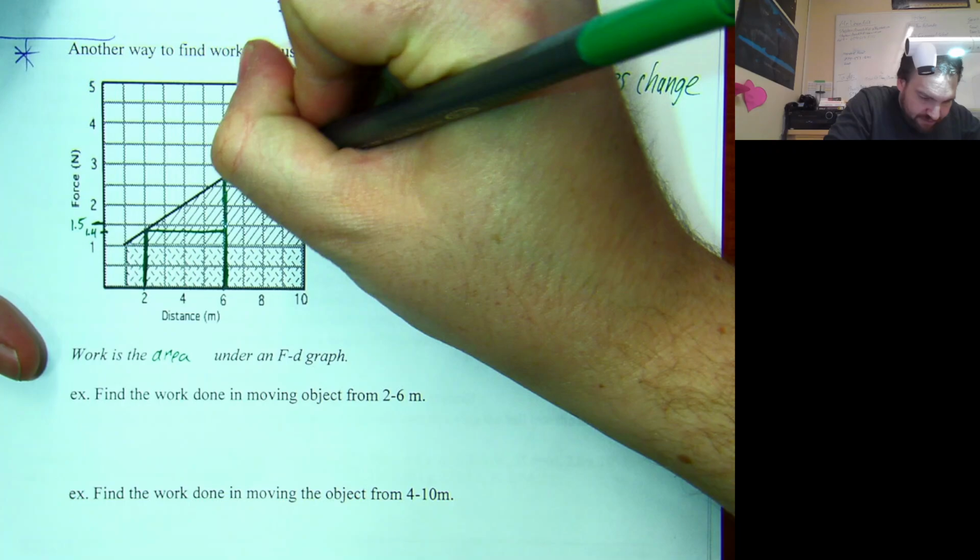And then we looked at a different way of finding work. Now I want to connect all of this to the idea of power. Power is how quickly you can do the work, or work per unit time.